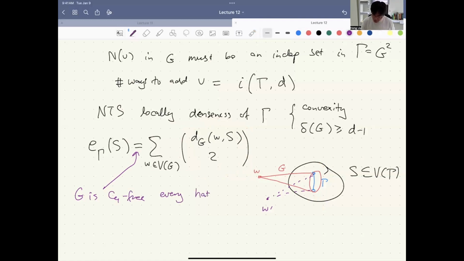Every hat, which is this W with M points in S, uniquely corresponds to an edge of gamma in S. Okay, it's a one-to-one correspondence.